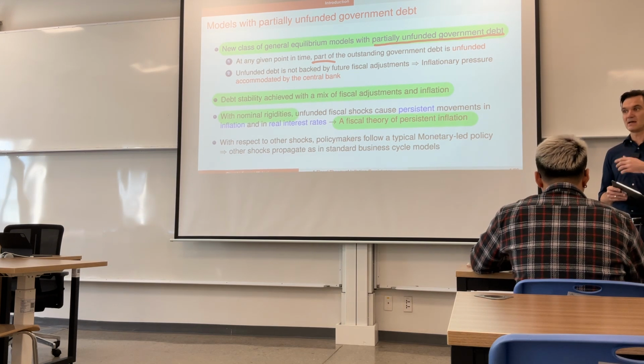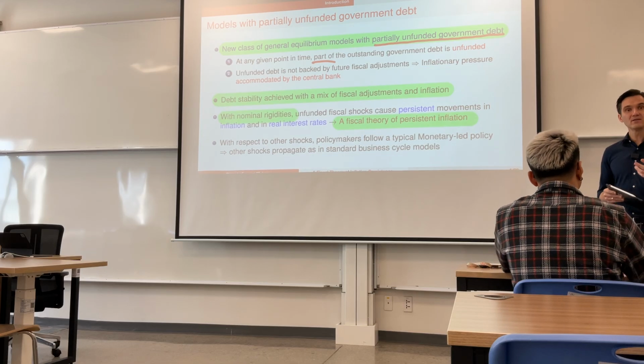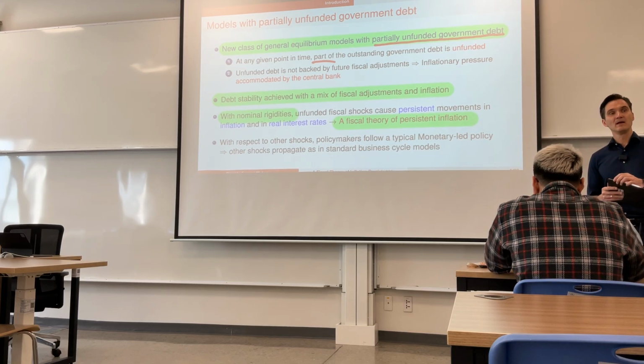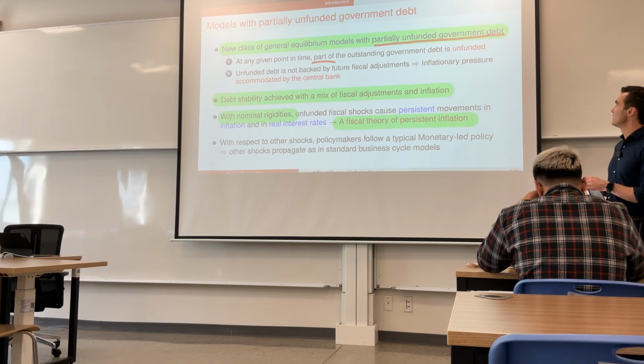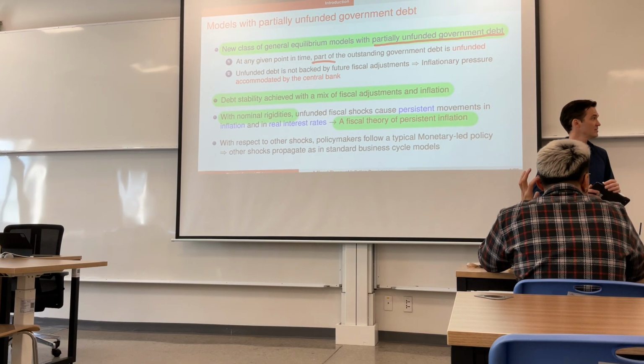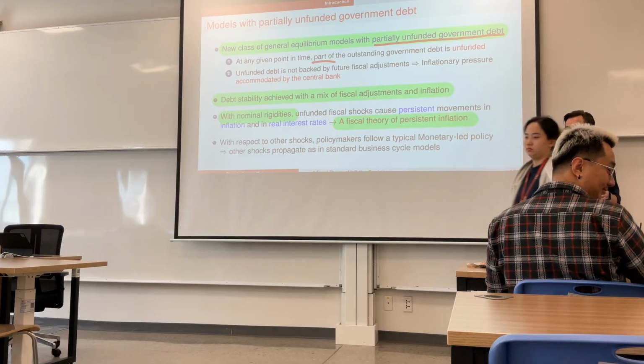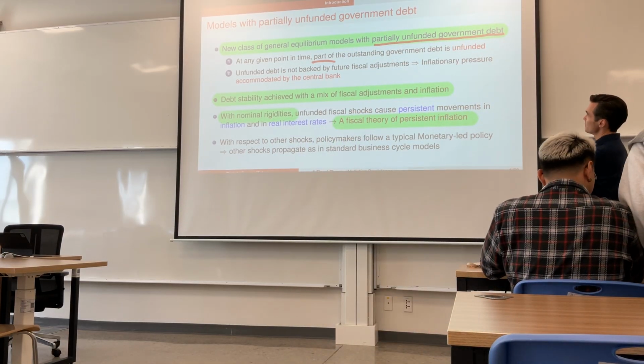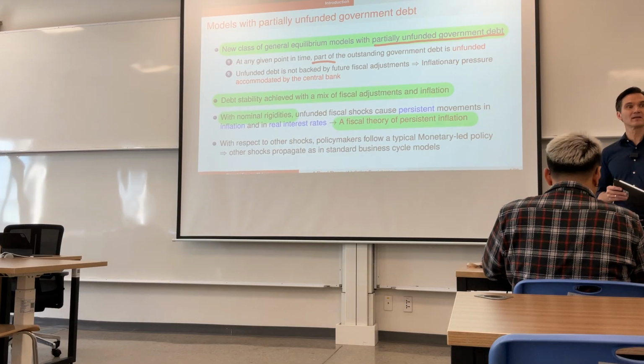If it pays that debt back, it's called funded debt. So there is funding for repaying the government debt. But there can also be a setup in which the government may decide to not pay back the debt, or at least partially not pay back the debt.